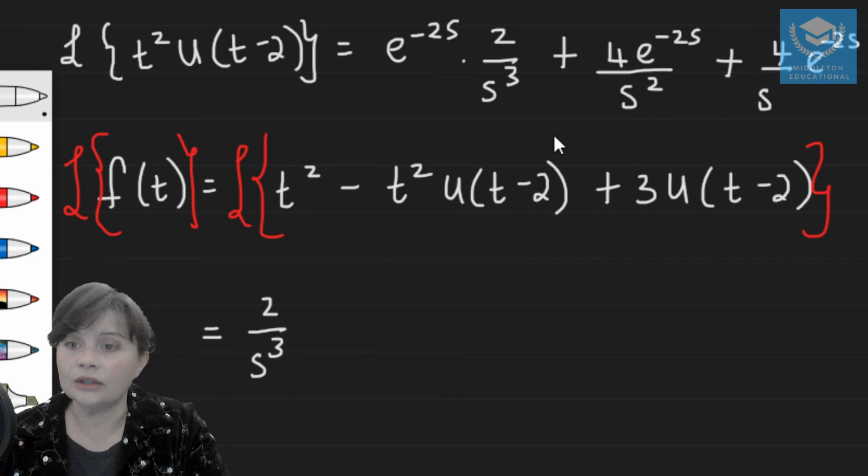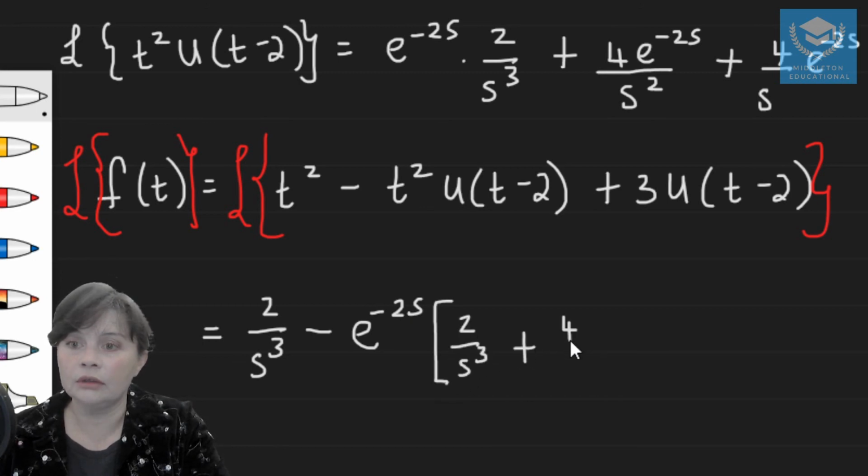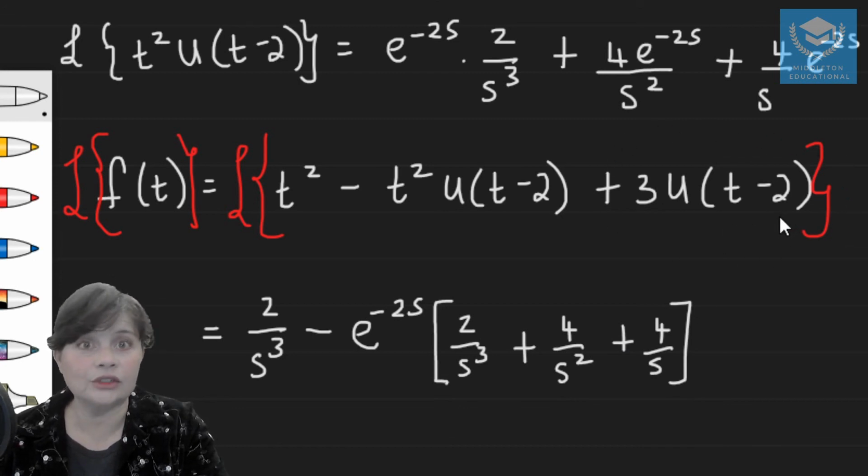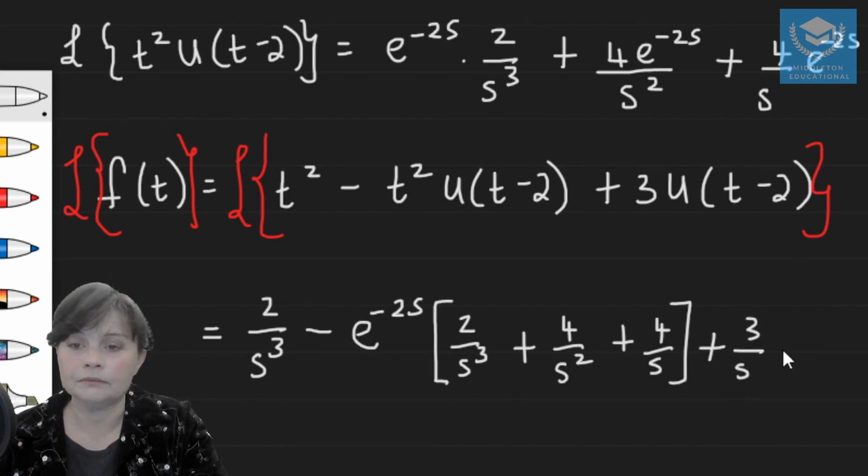We've just worked out what the transform of the middle term is going to be, so let's put that in. I'm going to write it out like this because this is the common factor. So 2 over s cubed, 4 over s squared, 4 over s. And then the transform of the last term, that's fairly straightforward because that's just your first formula. And that is your transform.